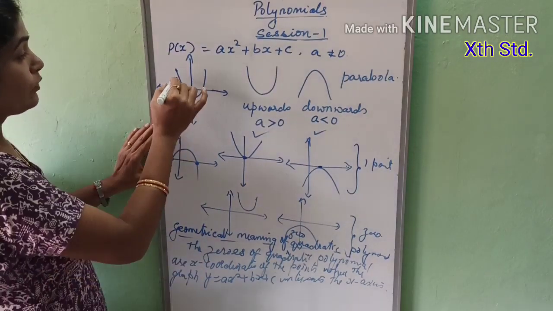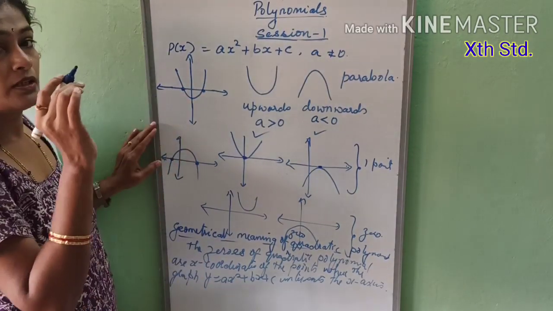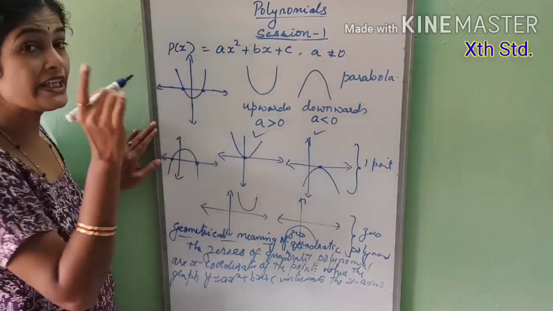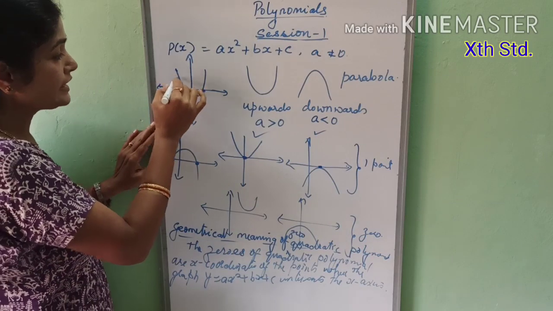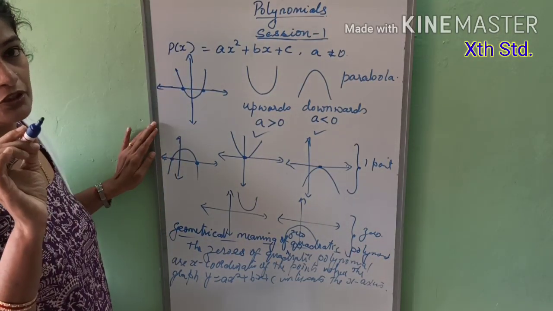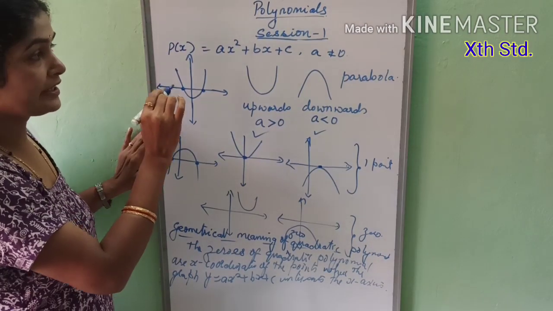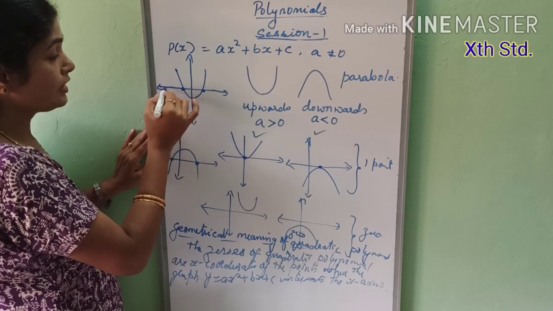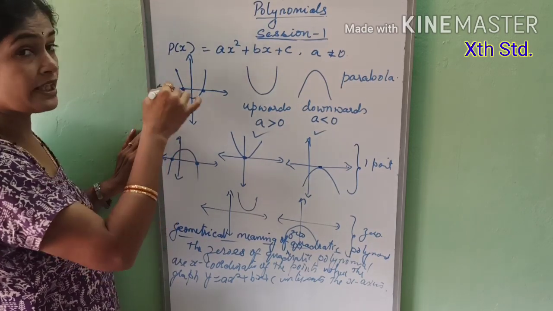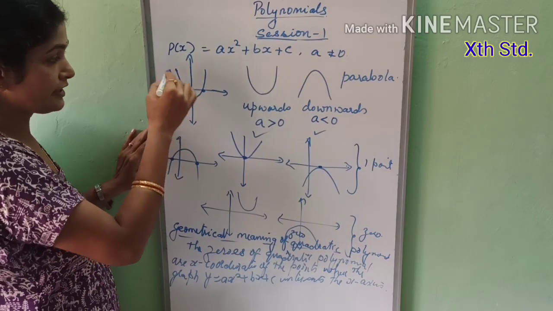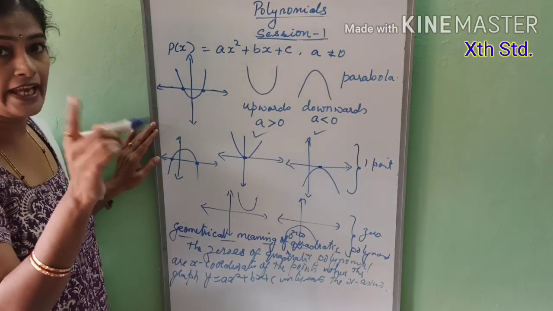That means those points on the x-axis which are intersected by the curve are the zeros of that given quadratic polynomial. That is the meaning.